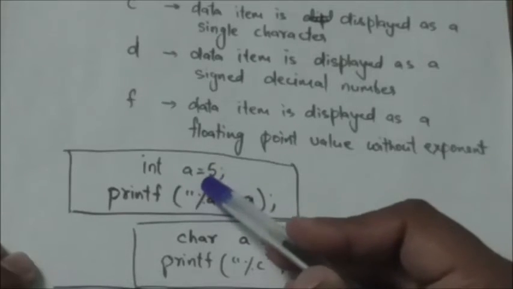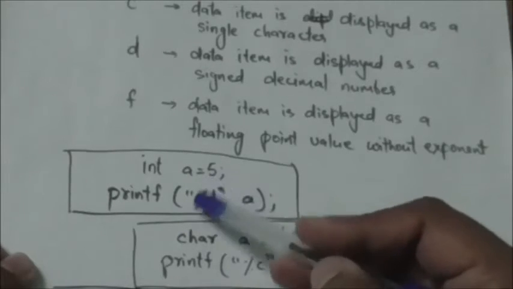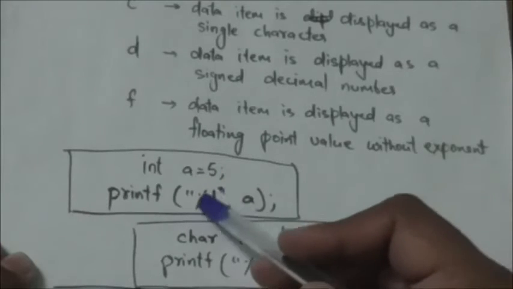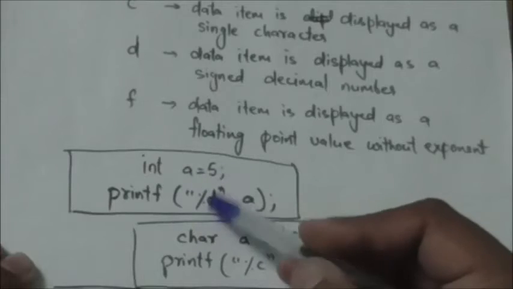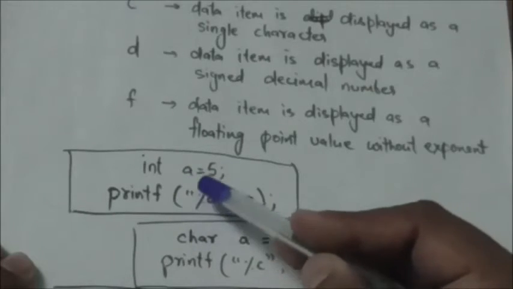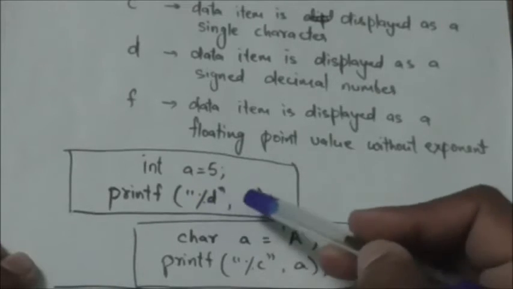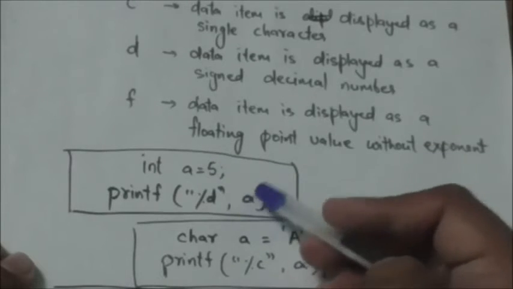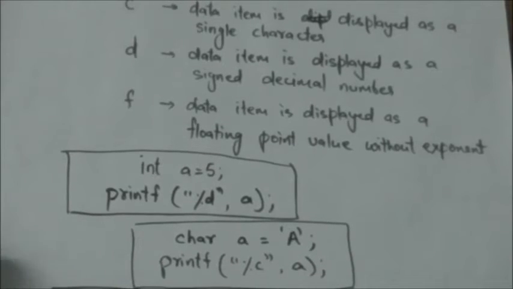In its simplest form, the character group is a percent sign followed by a conversion character. So here in the double quotes, in this control string, there is a character group %d. Here d is the conversion character, because this variable a is a decimal integer.